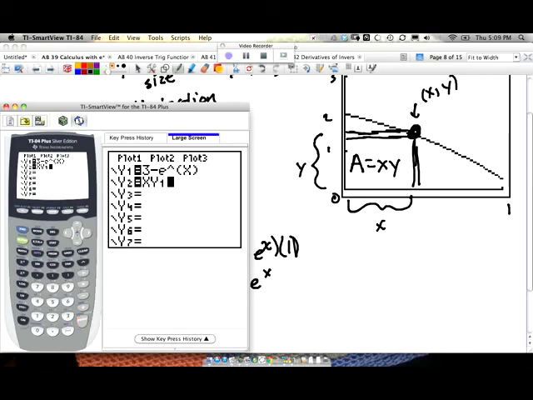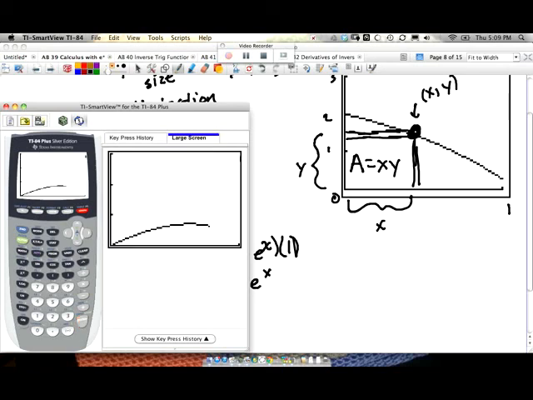So I'm going to just say x times y1. That's all I really did here. They are multiplying, but if you wanted to be picky and put a multiplication symbol, there you go. X times y1. So that second function here, this is my area. And I want to turn off the top one then. So I'm going to turn that off. Now let's look at it.